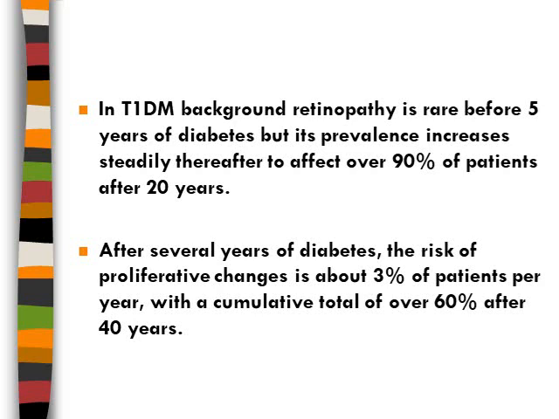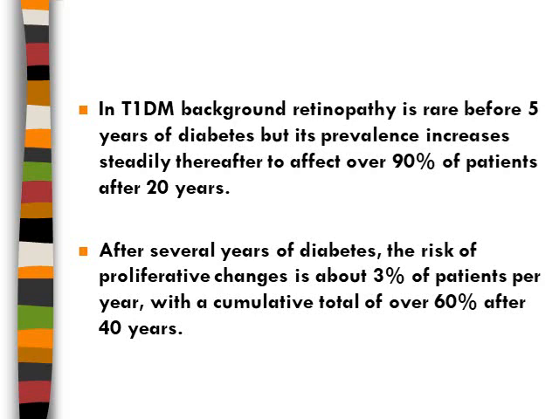That clearly means that duration definitely has a clear-cut association with the development of microvascular disease, but other factors should also be kept in mind. It is possible that after 40 years of disease, 40% of the patients will not develop retinopathy.